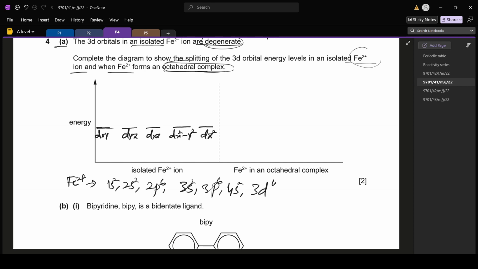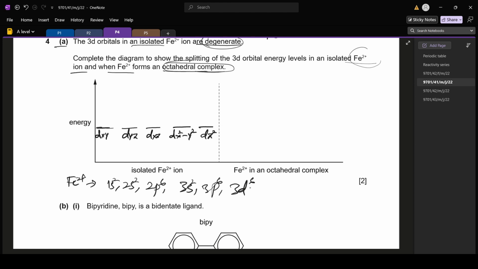Then you have 3d. Sorry, not 4s2, you have 3d6.